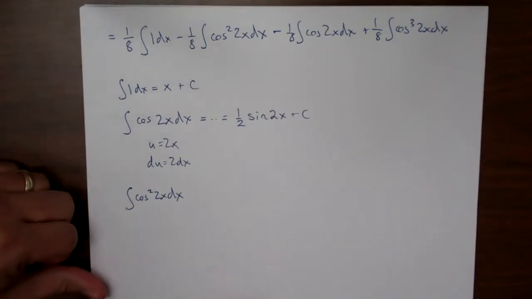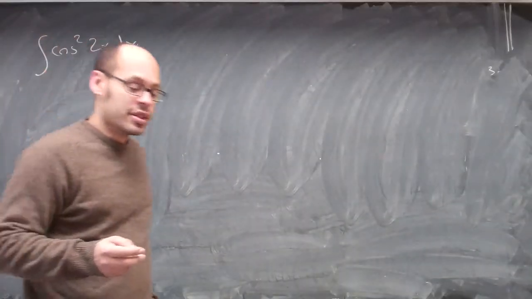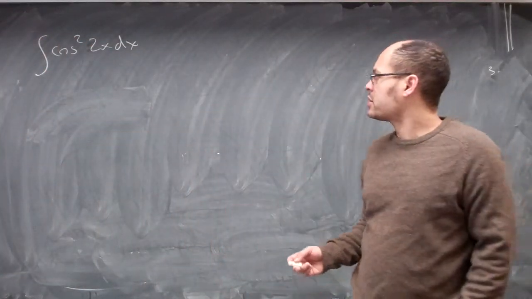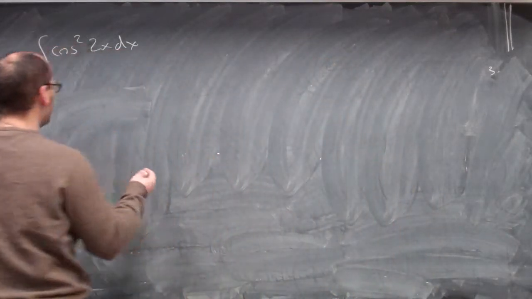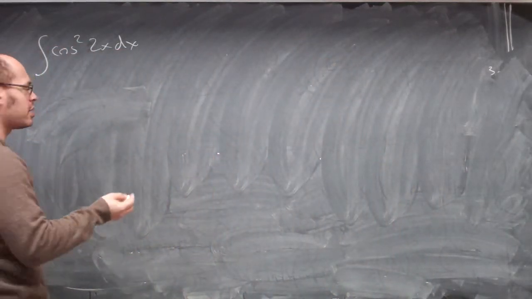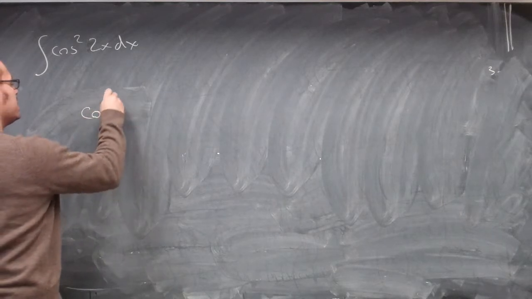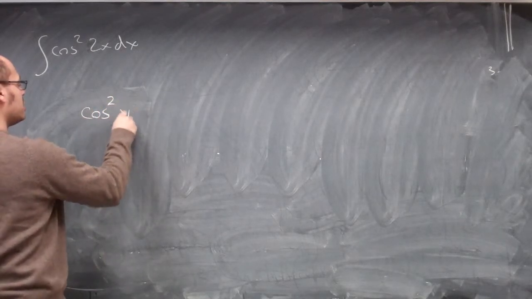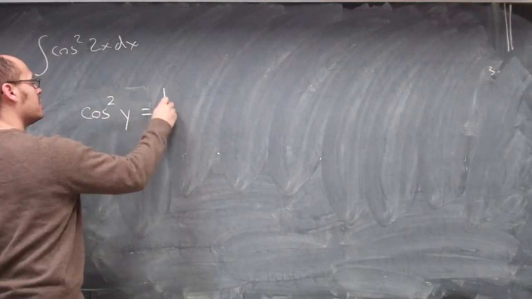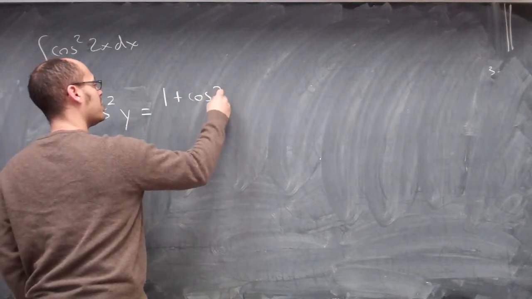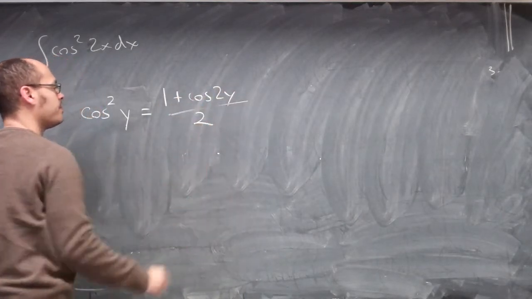Let's go do that on the board. Alright, so the cosine squared of 2x, for this one, all we really need to do is use that same kind of identity that changes cosine squared of something to 1 plus the cosine of twice that thing over 2.